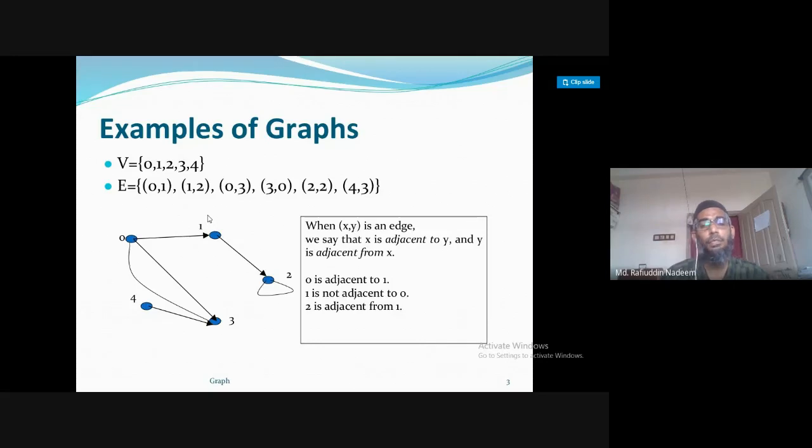We cannot say that 1 is adjacent to 0; we can say 1 is adjacent from 0, whereas 0 is adjacent to 1. Likewise, 2 is adjacent from 1.